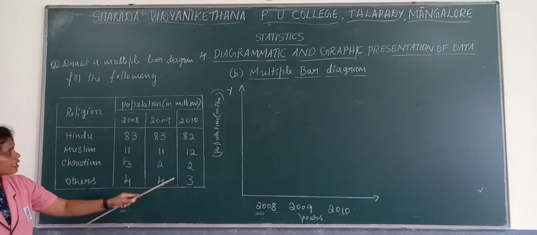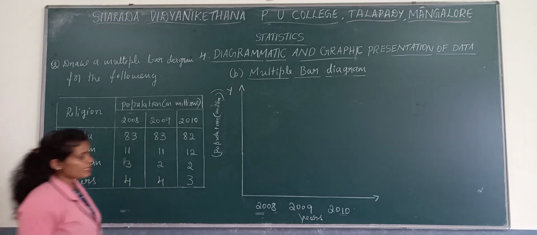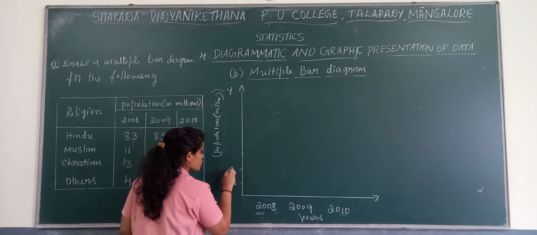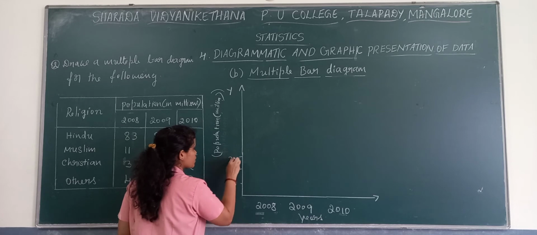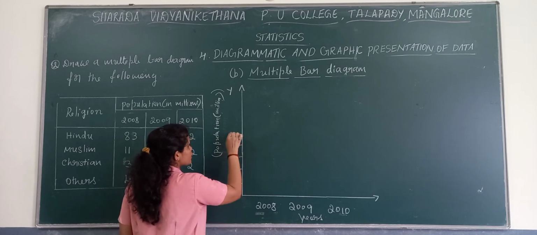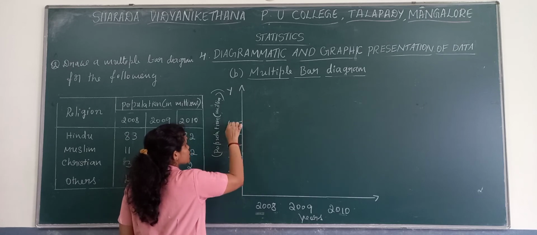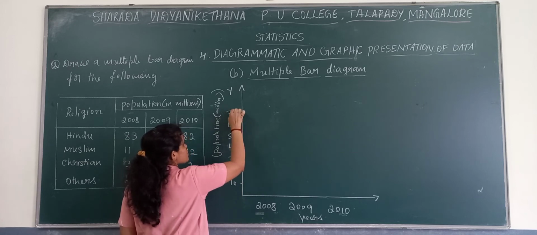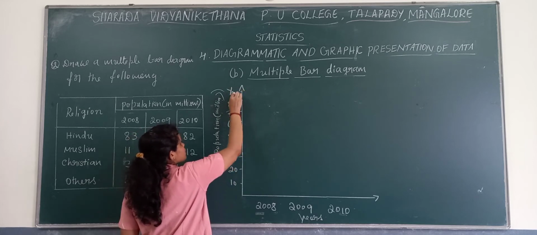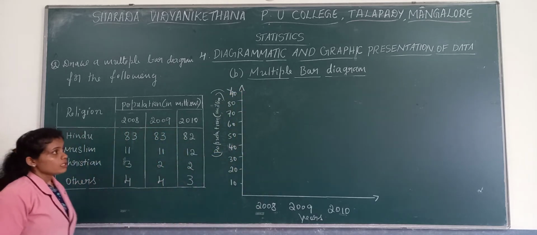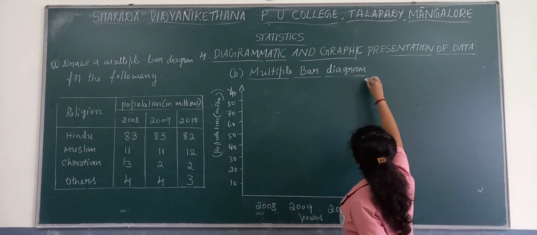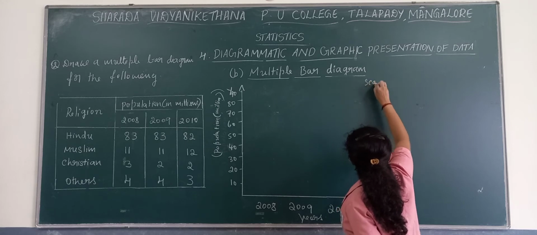Least is 3 and highest is 83. We can start from 10, 20, 30, 40, 50, 60, 70, 80 and even 90. Now, right here, the scale.